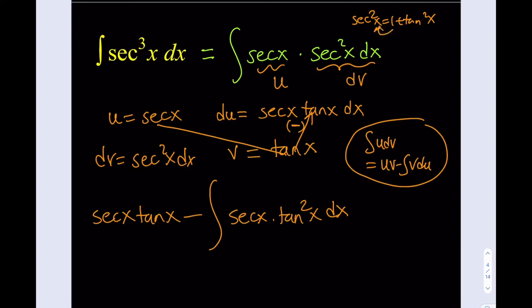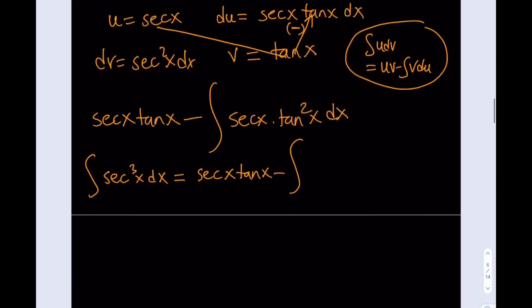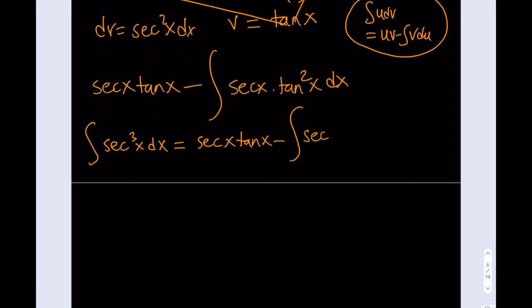But let's not forget where we come from, because that's going to be useful. So the integral of secant cubed x dx will be secant x tangent x minus the integral of secant x times secant squared x minus 1 dx. Beautiful.